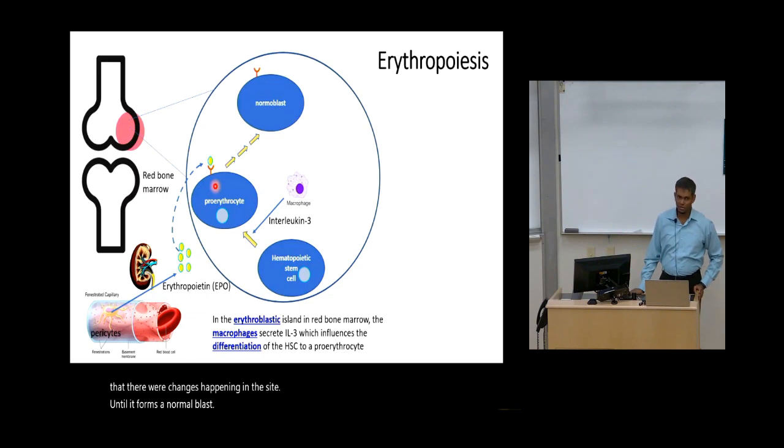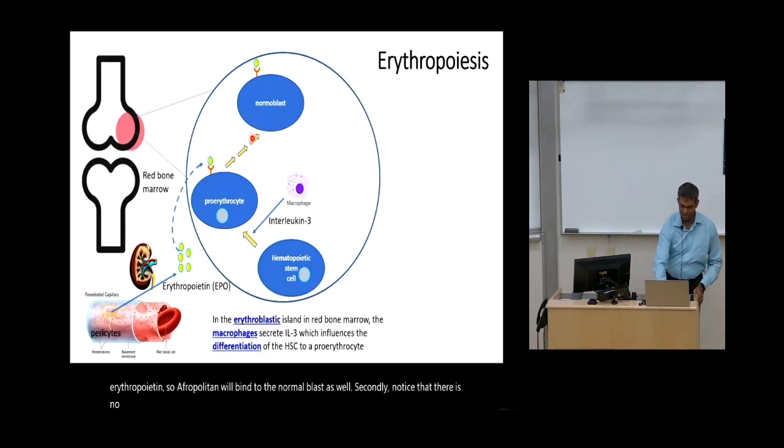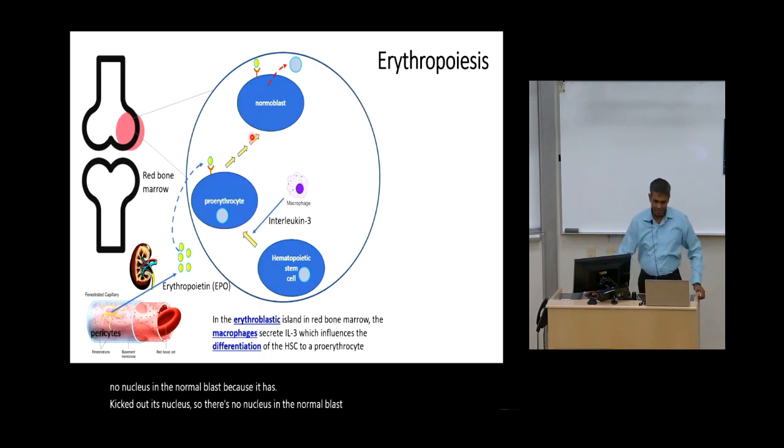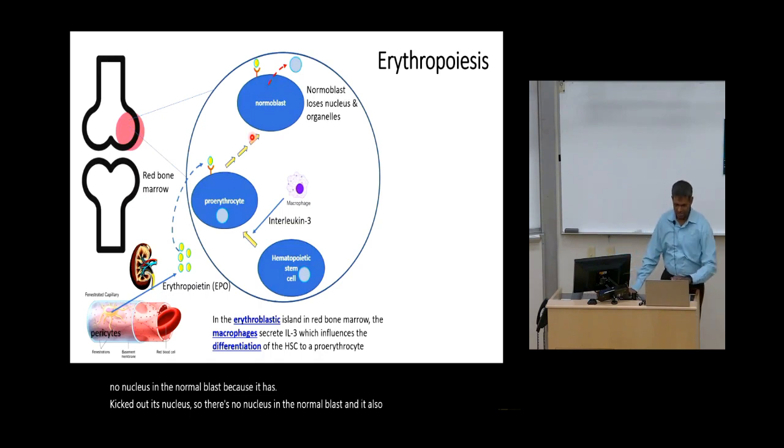Now, a couple of things to notice in this normoblast is that it's got a receptor for erythropoietin, so erythropoietin will bind to the normoblast as well. Secondly, notice that there is no nucleus in the normoblast because it has kicked out its nucleus, and it also gets rid of the other organelles as well.